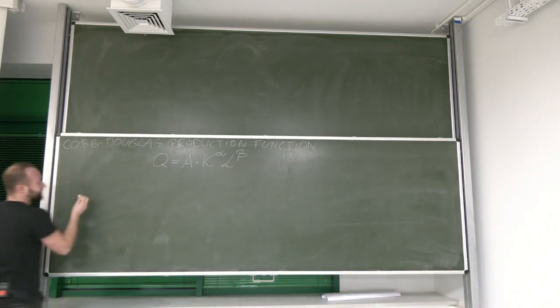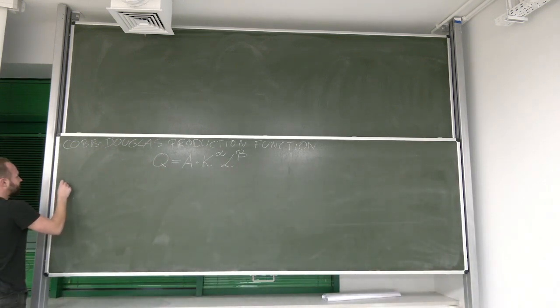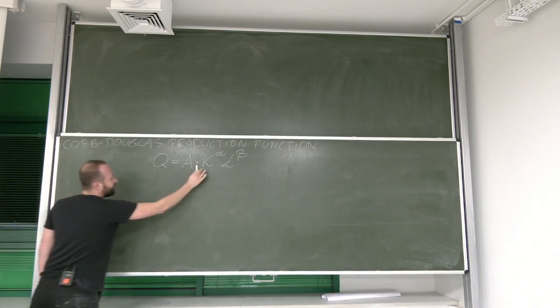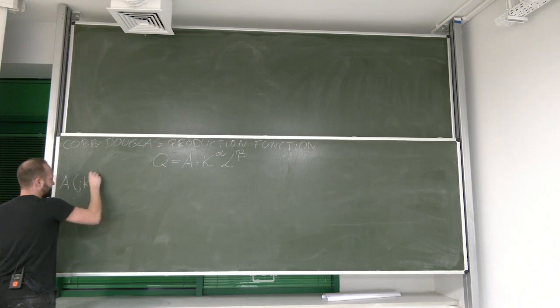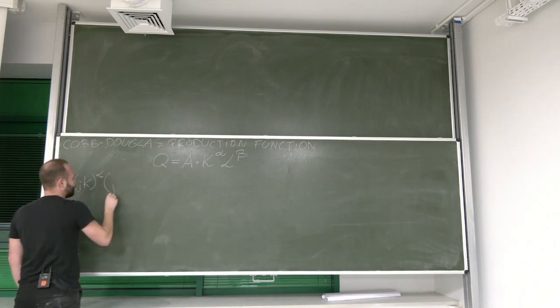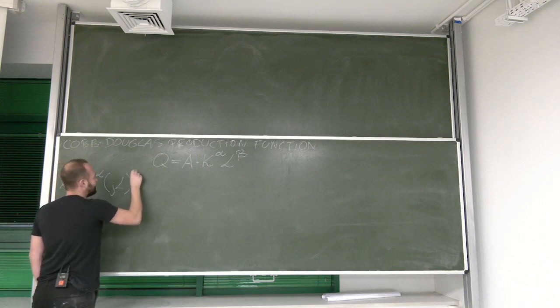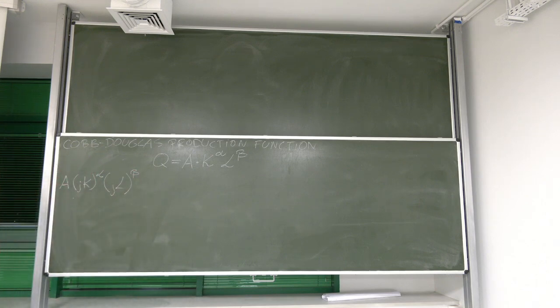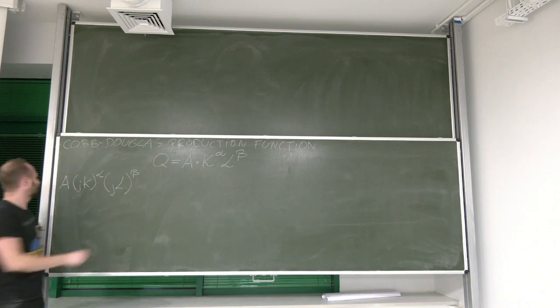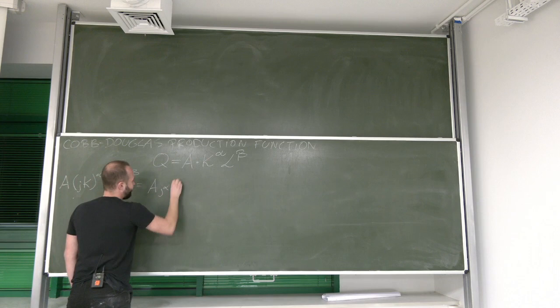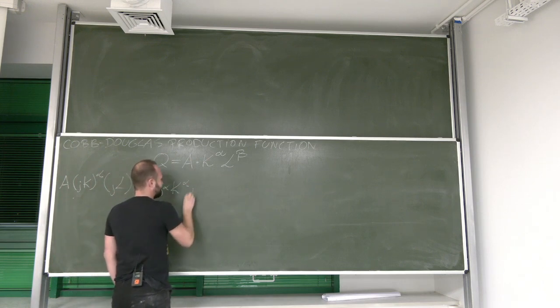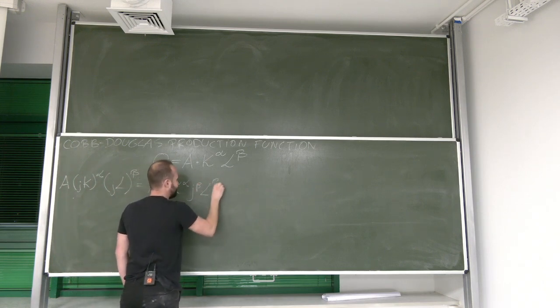Look, if I'm going to take this function and I'm going to replace K with JK and L with JL, just like we always did in order to check for returns to scale or degree of homogeneity, we calculate that it is A times J^alpha times K^alpha times J^beta times L^beta.